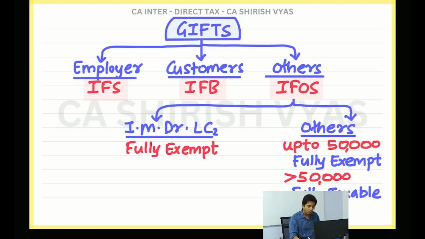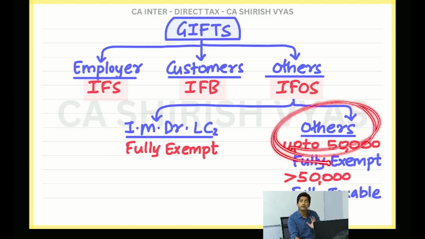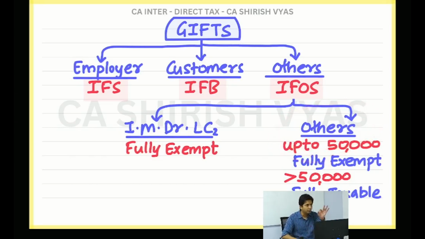Exempted. Only if it doesn't fall in I am Dr. LC, then you use that deep knowledge: money, movable, immovable, low price, no price. Then you use that in-depth knowledge. But it is always safe to first check that it is not falling in I am Dr. LC. So let us check. I know it's not falling, but it's not about the answer, it's about the way of thinking.